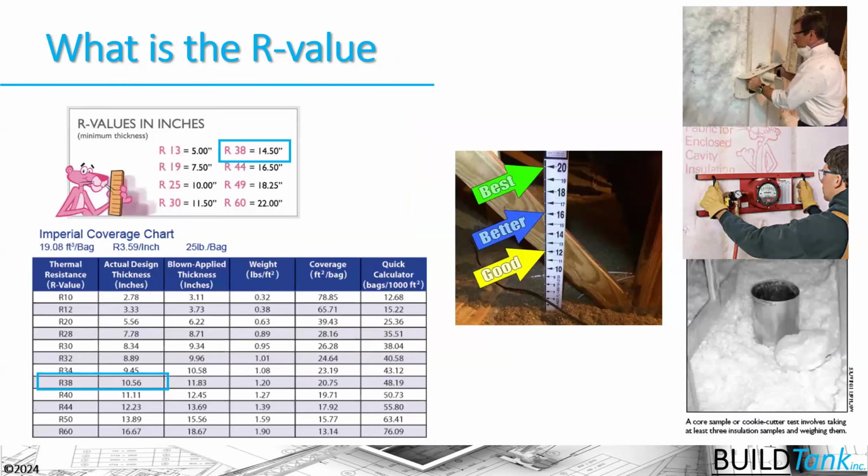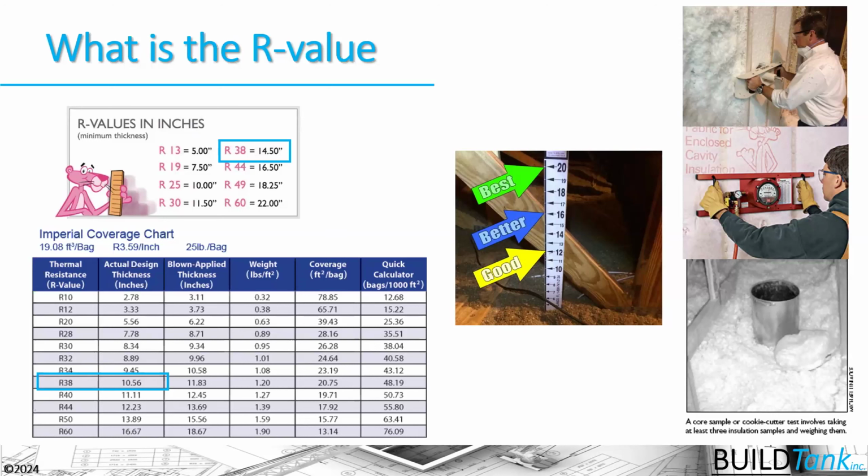So there are techniques to evaluate the R value of the install of blown materials. You see on the right there are two gauges on the market that can measure the R value of installed material based off the density of the blow and the amount of air that can move through that material. Or you can simply cut out a square foot of material, measure it, and get its density that way as well.